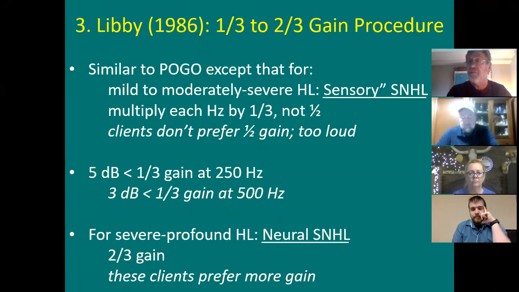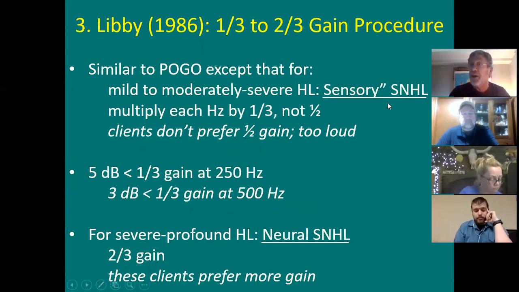Then Libby. 1/3 and 2/3 gain. Similar to Pogo, except for mild to moderately severe sensory, in other words. Multiply each threshold by 1/3, not half. Clients don't prefer half gain. They find it too loud. And then look at this, 5 dB less than 1/3 gain at 250. 3 dB less than 1/3 gain at 500.